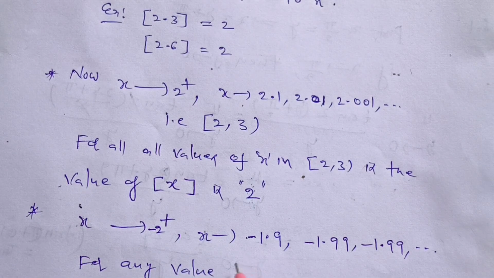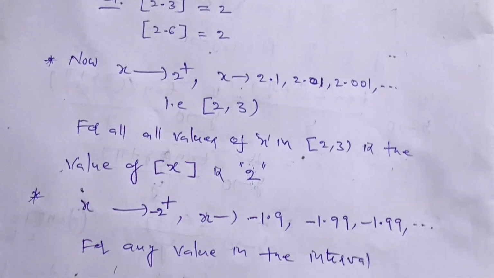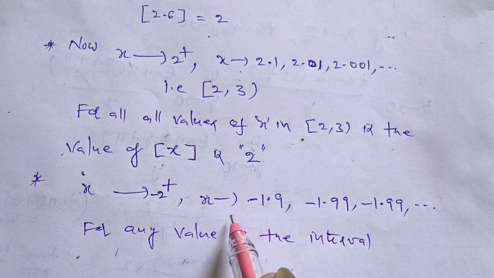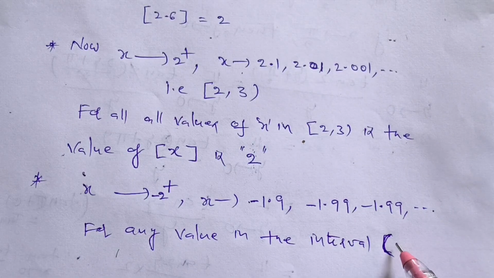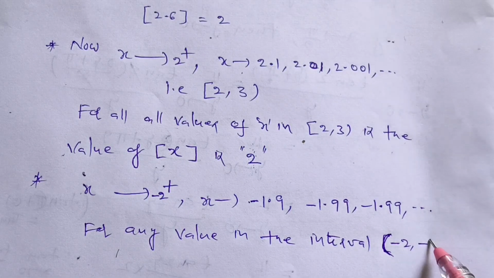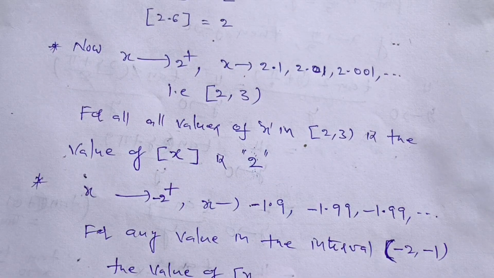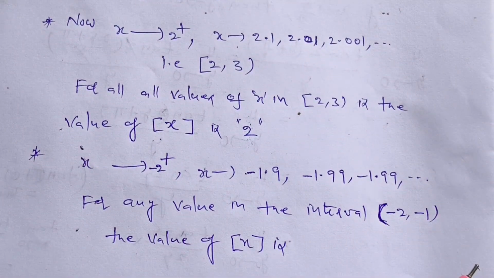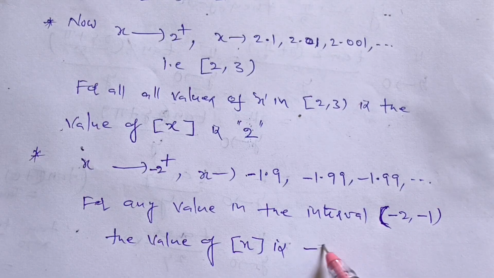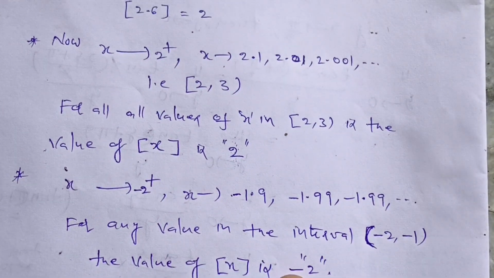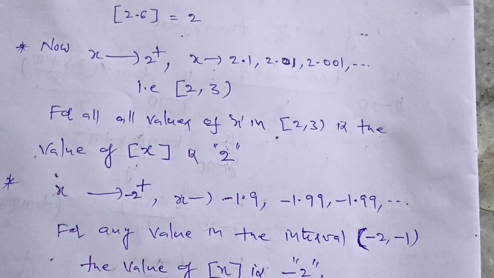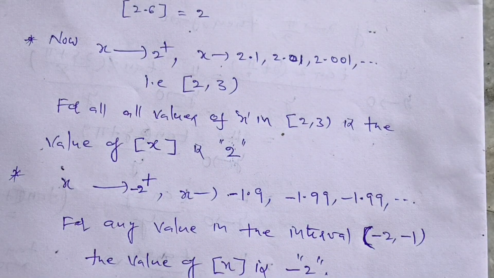For any of these values, the integral part of these x values is always equal to minus 2, because the greatest integer which is less than or equal to the given values is obviously minus 2.